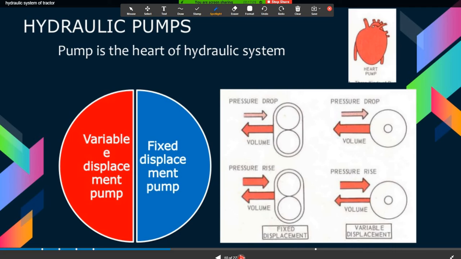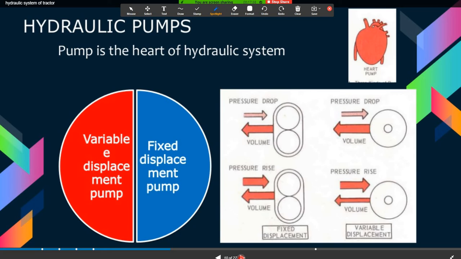A pump is a mechanical device which increases the pressure energy of the liquid, and the lifting of water is done with the help of rotodynamic pumps, that means centrifugal pumps, jet pumps or turbines. But these pumps cannot be successfully used in handling oil because of the limitations of low pressure and high discharge volume.